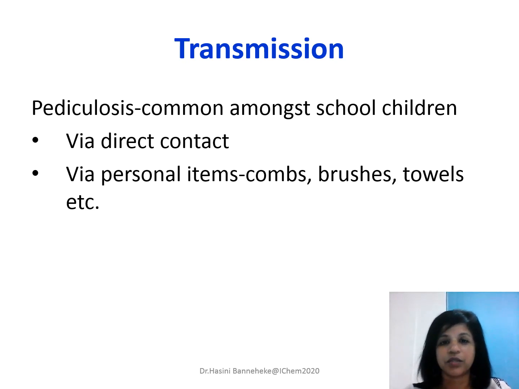Now these lice are a common problem especially among school children, and humans get it via direct contact with an infected person, head-to-head contact, or if they have close contact with the person's head in some way, then we can get it. And also, less frequently, people get it through personal items, like if they share combs, or if they share brushes or towels or bed linens, or if they share the pillow. That way also they can get the disease.